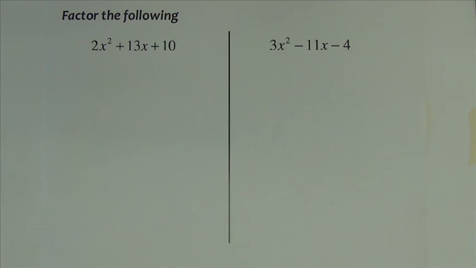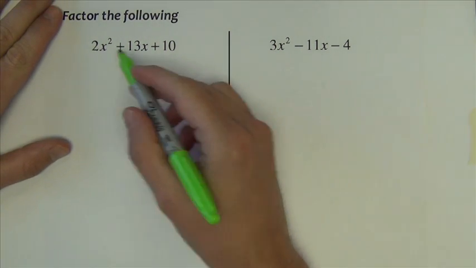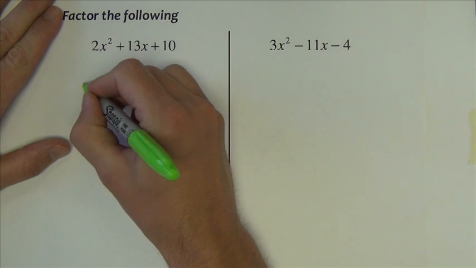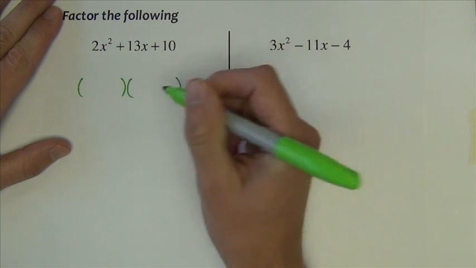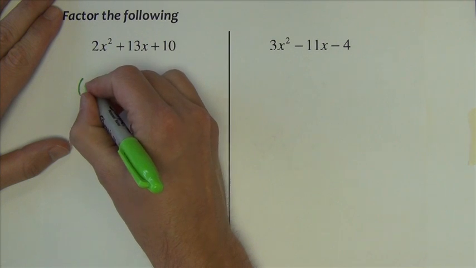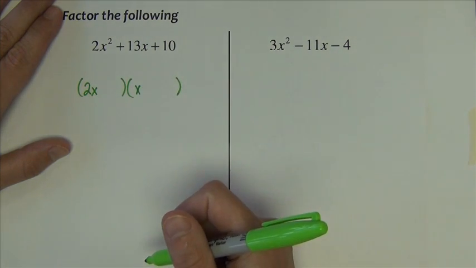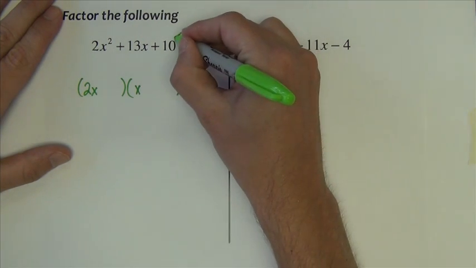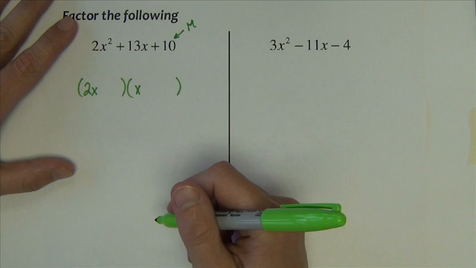Next I want to do a couple of problems where we have a number other than 1 in front of the x squared. So you see there's a 2x squared here, there's a 3x squared on this one. I begin the same way as before, except instead of x times x, to get 2x squared, I need 2x times x. And I'm still going to multiply to 10.